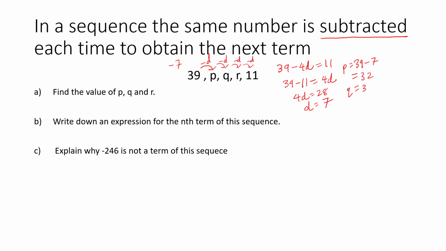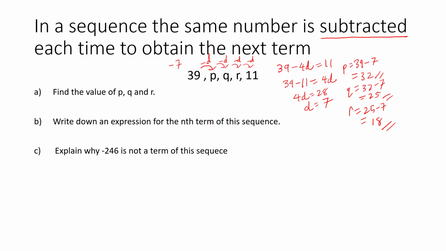Q is equal to 32 minus 7, which will give me 25. And finally, R will be equal to 25 minus 7, which will give me 18. So one thing to take note is you can always check the answer. 18 minus 7, do I get 11? Yes, I do. So I know that I am correct.